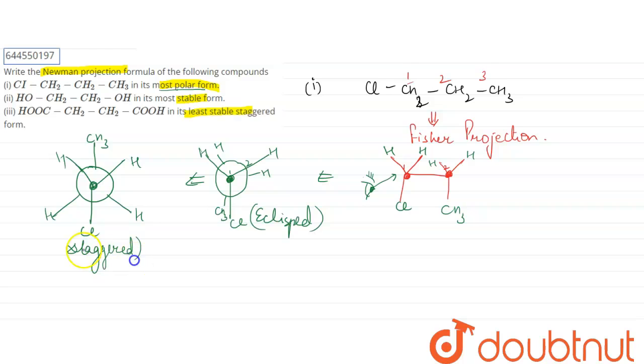Staggered means scattered, and eclipsed means the groups hide behind each other. So these are the two forms, and this is our first answer in the most polar form.